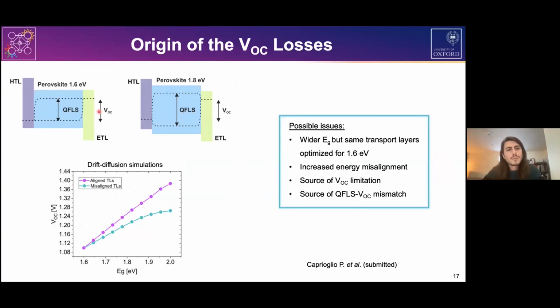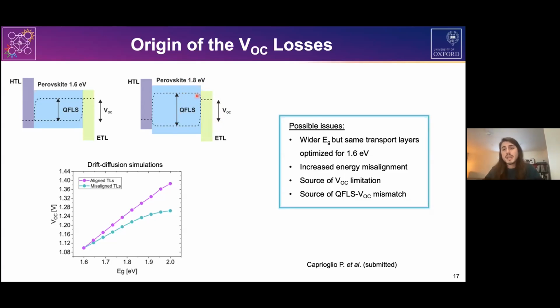And first of all, we have to consider that most of the time, for these wide gap perovskite solar cells, the ETL and the HTL are optimized for 1.6 eV devices, which are the standard ones. When we increase the bandgap of this material, we will end up necessarily with energetic misalignment between the transport layer and the perovskite.